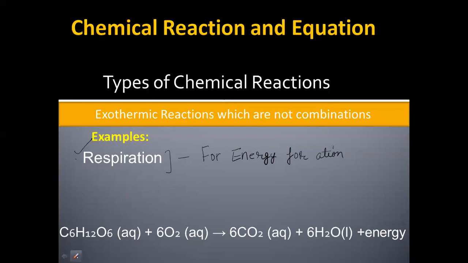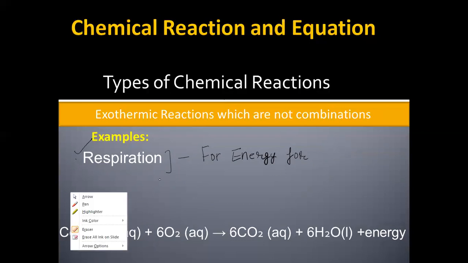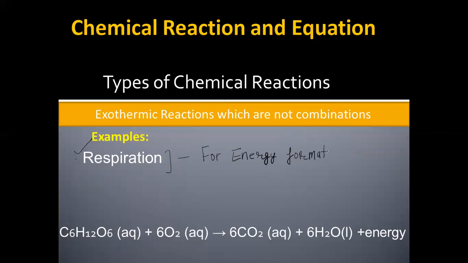The energy comes in our body by the process of respiration. In biology, we'll discuss this in detail, and I'll tell you that this process of respiration occurs in the mitochondria of the cell. Now, this respiration produces energy. The food that we eat gets digested. After digestion, small species are formed. All the food gets changed into glucose that gets oxidized.